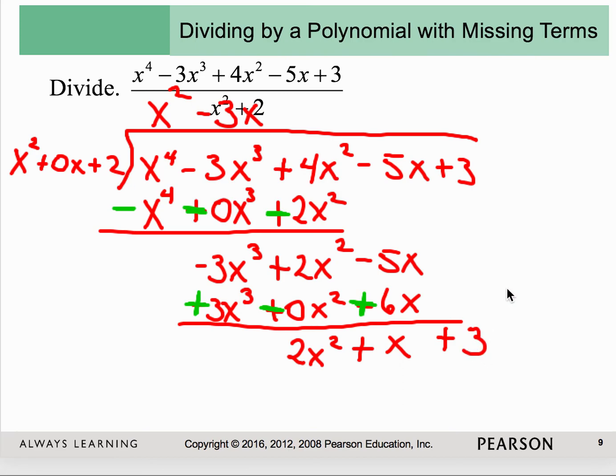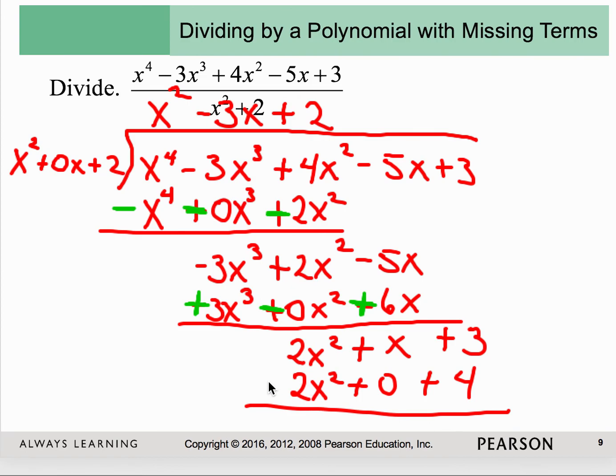Okay, that's how you know you're finished, when there's nothing left to bring down. Now, what do you got to multiply x squared by to make it 2x squared? That's right, a 2. Do that multiplying. 2 times x squared is 2x squared. 2 times 0 is 0. 2 times 2 is 4.